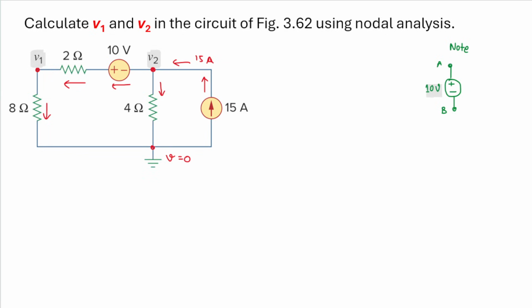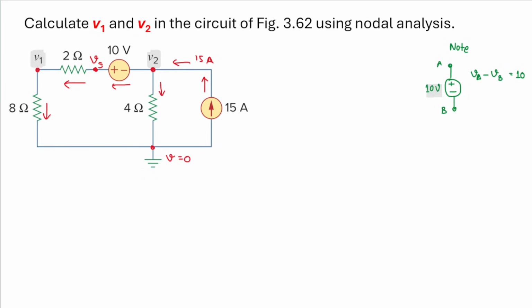So I will have VA minus VB equal to 10. This is also the case here, because this is V2. Maybe let's name this V3. So in our case, we will have V3 minus V2 equal to 10.